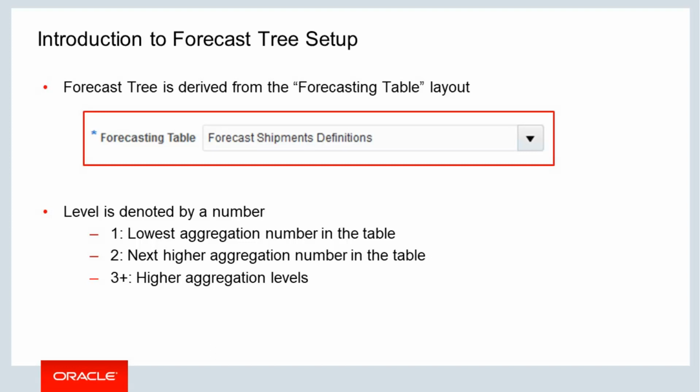In addition, the input and output measures available for the profile will be based on this table. The data aggregation level at which a combination's forecast is generated is stored in a measure specific to that forecasting profile. A value of 1 denotes the first aggregation level, 2 is the next higher level, and so on.